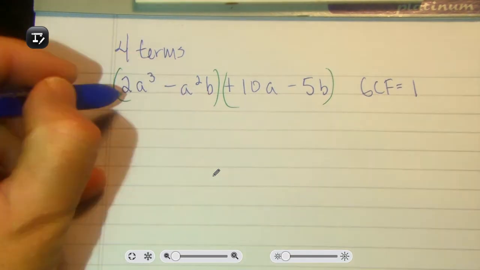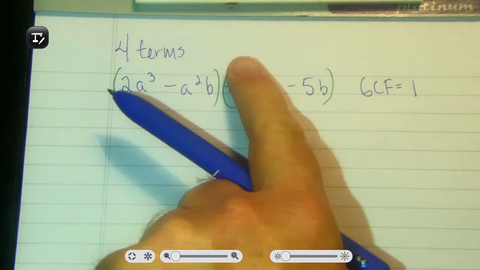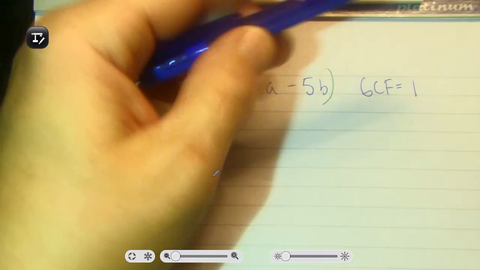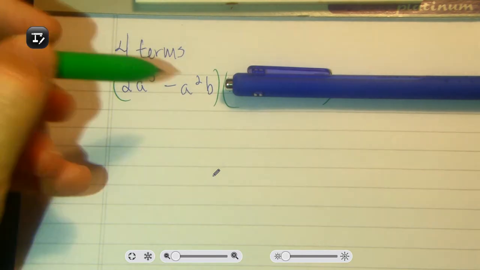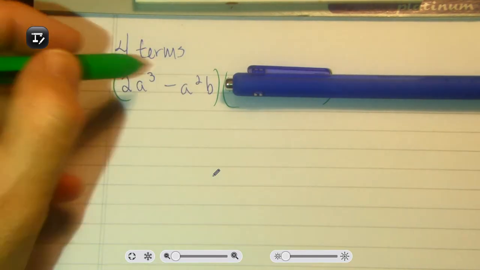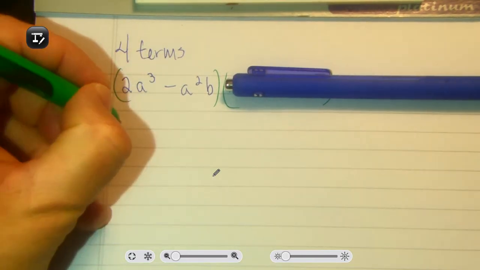And I'm going to pull the greatest common factor out of each individual binomial. So the first thing I want to look at, really, is just the 2a to the third minus a squared b. I can factor out an a squared.